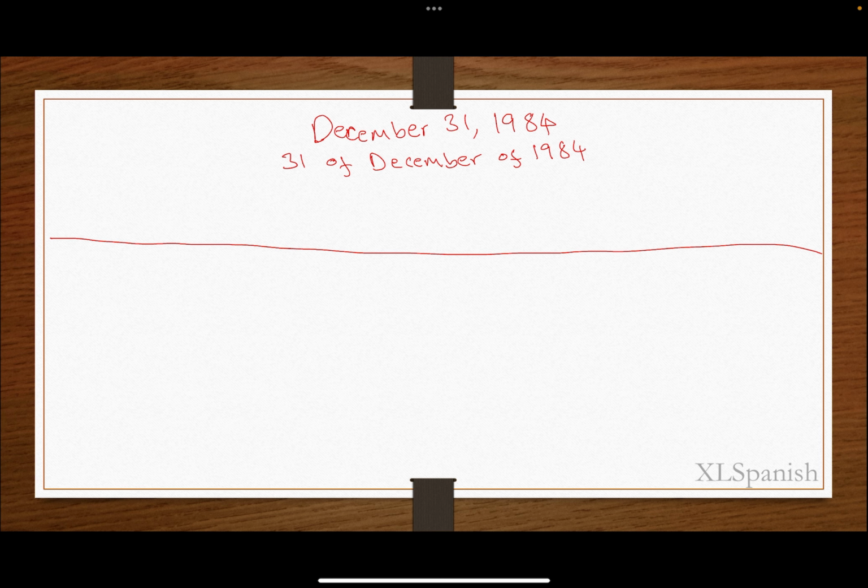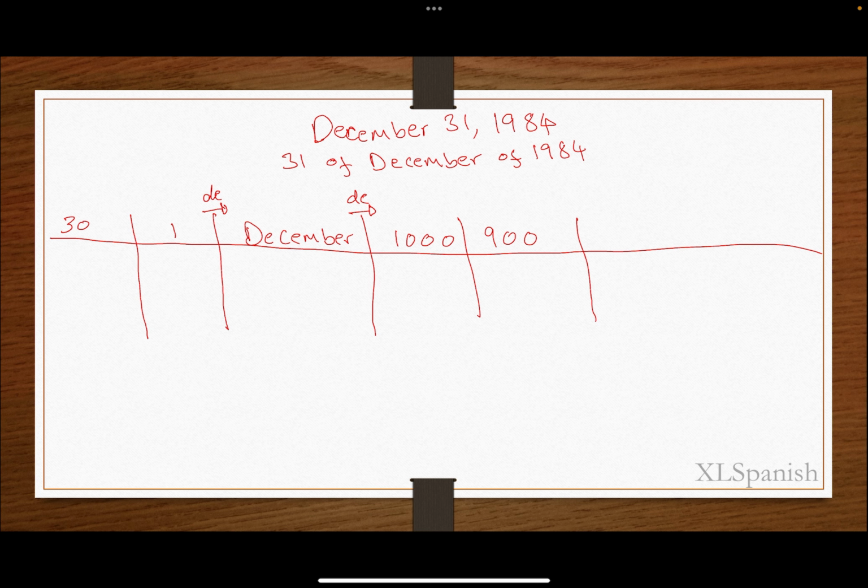So first we have 31. We transition between a day and a month. So de December. Okay, transition between a month and a year. De 1984.